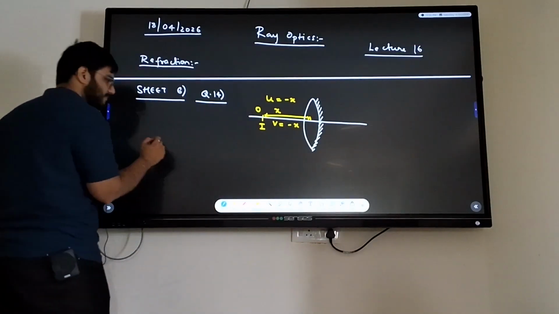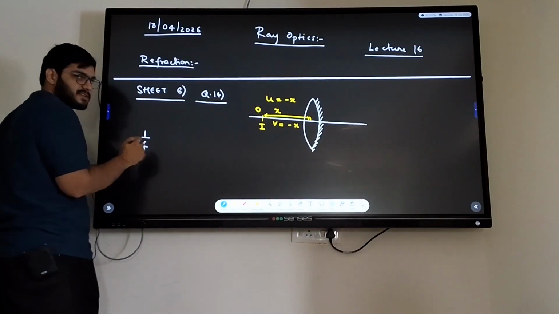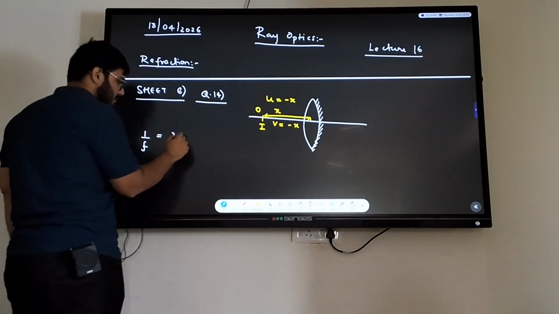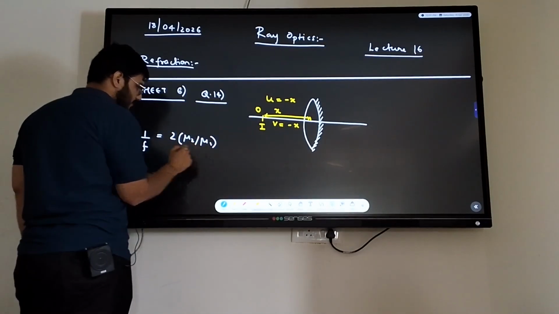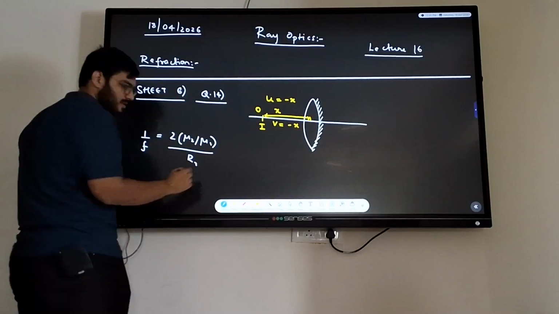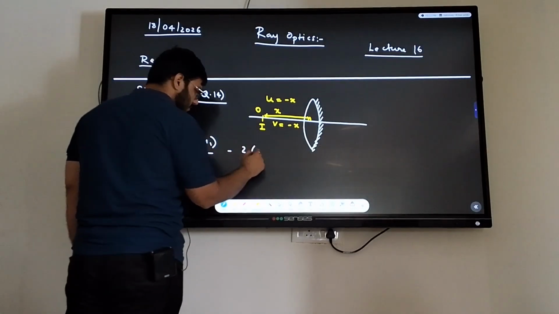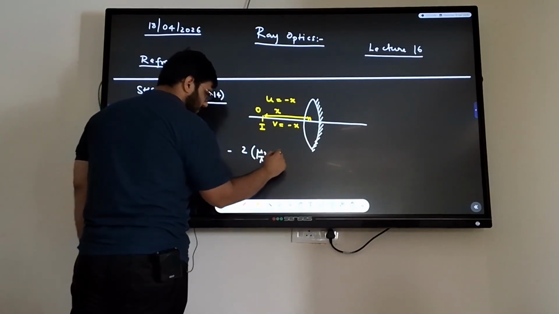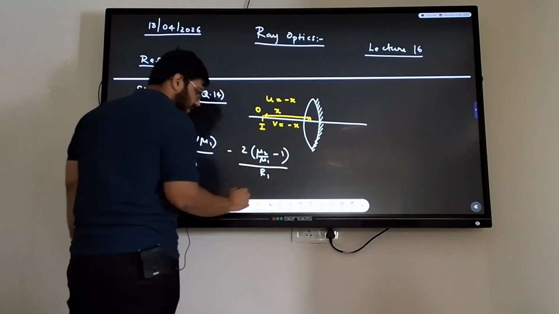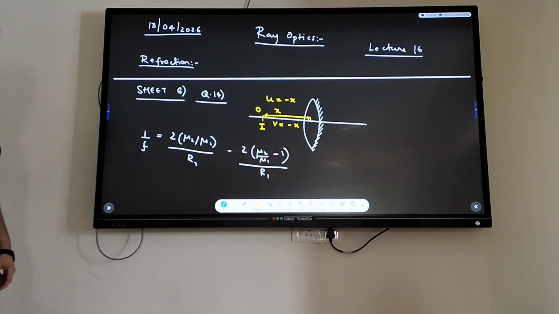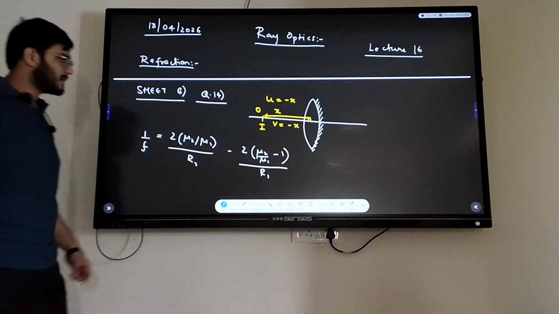Tell me the formula. 1 by f is equal to 2 into mu2 by mu1 over r2, minus 2 into mu2 by mu1 minus 1 over r1. Is this correct? Now what is the radius of curvature mentioned to be? 25. But for which of them?